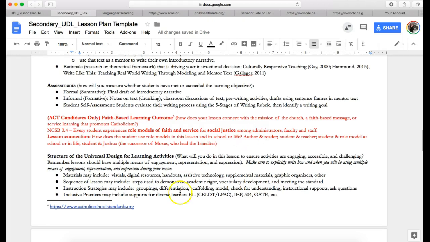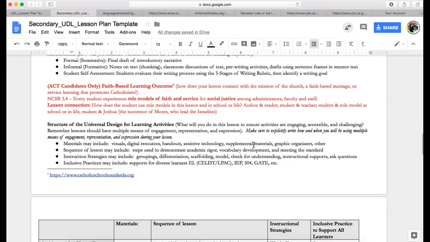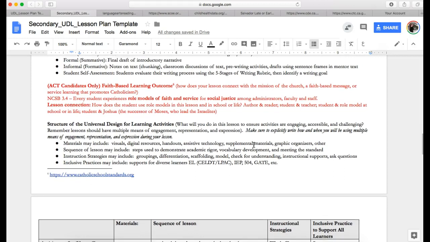So we went to the National Catholic Standards and Benchmarks website, and we chose one that looked at the role models of faith and service for social justice. And then the connection we made was with Joshua. So you can go through and take a look at how you can be thinking about your faith-based learning outcomes as well, and make sure that those are in there.